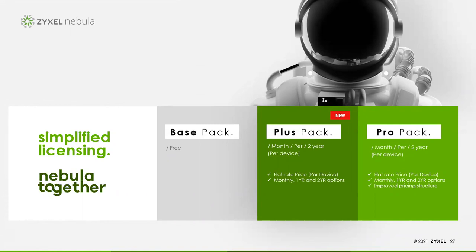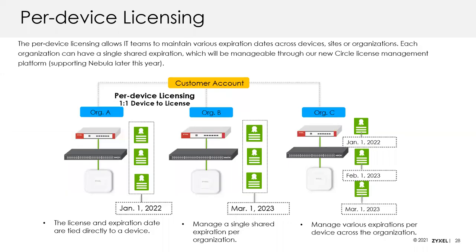So I'll go through sort of the differences on those. Basically, Pro Pack is the standard add-on license that we've had since the launch of the product. And then Plus Pack is sort of an in-between that's designed to compete with some of the lower-end cloud offerings like from Netgear and some of the other vendors. So it costs less than the Pro Pack, but it doesn't have quite as many features.